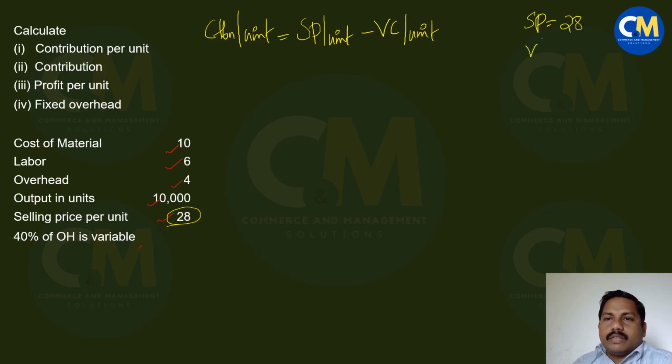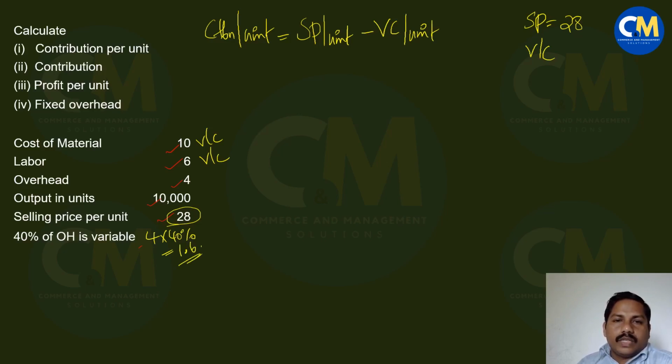Then we need to take variable cost. Here variable cost contains many items, like cost of material is a variable cost, labor cost is a variable cost, and overhead is not fully variable cost. Here it's given 40 percentage of overhead is variable, so we need to take only 40 percentage. So 4 into 40 percentage is equal to 1.6.